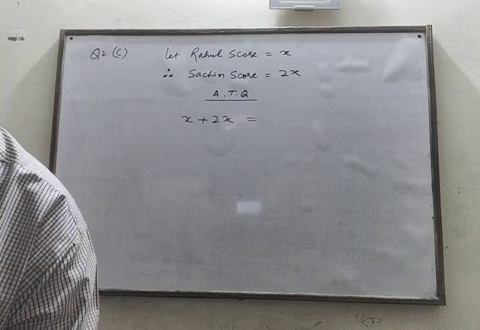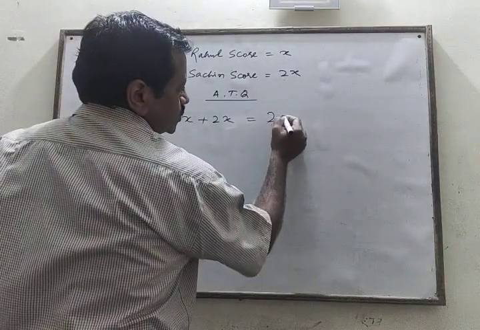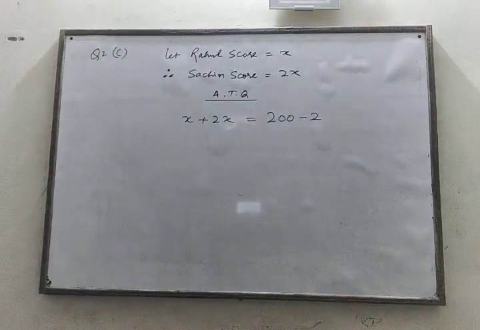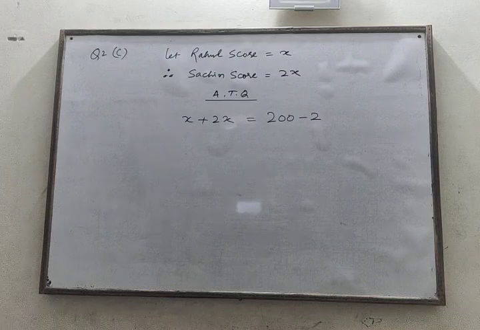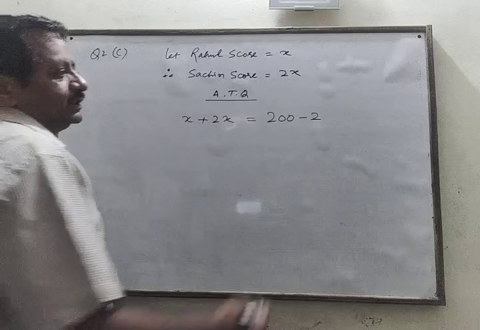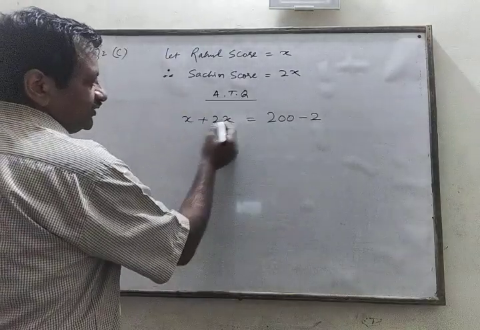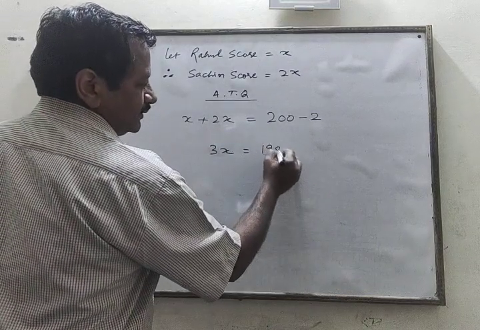Too short of a double century. Double century means 200. Too short means minus 2. That is 2 less than a double century, 198. So it is x plus 2x, 3x, and it is 198.